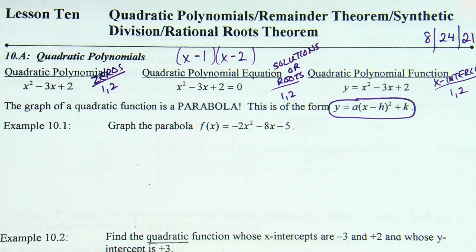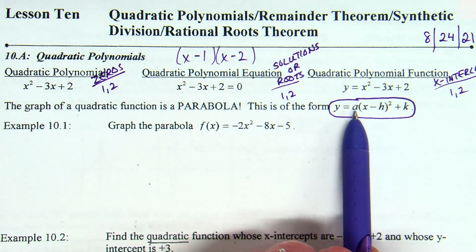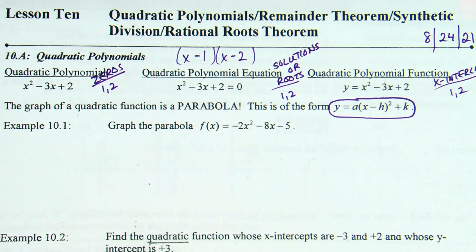It's vertex form, if you recall, because h and k are right there staring at you. They're your vertex. Okay? A has to do with whether there's a min or a max and whether there's a stretch or a shrink. Okay? But this has to do with your vertex. So just kind of be familiar with vertex form. We're getting ready to use it, obviously. As opposed to standard form, which is the ax squared plus bx plus c.